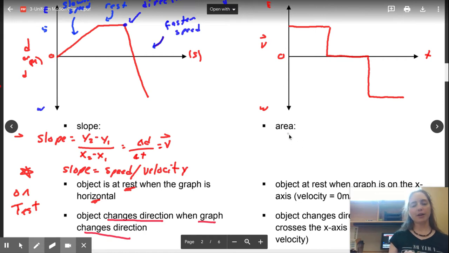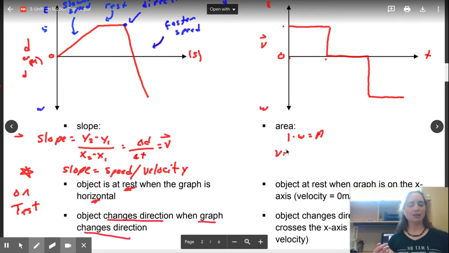Remember that length times width equals the area of a rectangle. Well, let's look at our axes: velocity times time. If I was to calculate the area of this, I'd be measuring from here to here, and then multiplying that by the distance from there to there. Length times width, right? Well, what's that? Velocity times time.